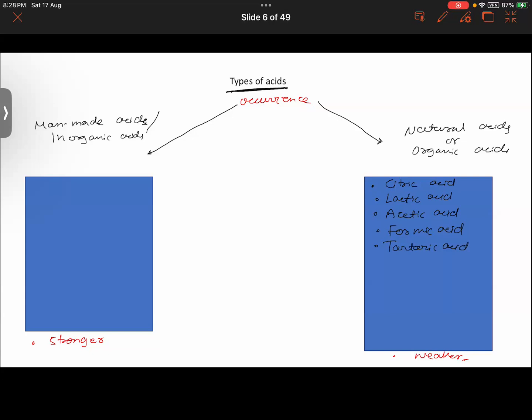So tamarind contains tartaric acid. Getting it, both of you. So tartaric acid is found in the pulp of the tamarind, which has a very sour flavor or sour taste. Getting it, guys? So these are some of the examples of substances, edible substances, in fact. So not all of them are edible, that have some acids.